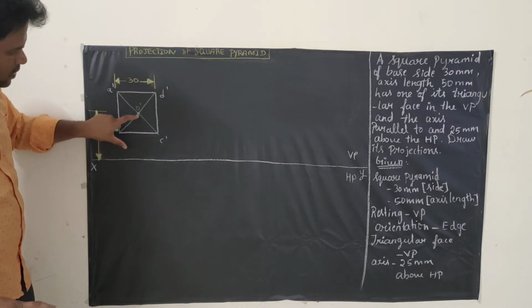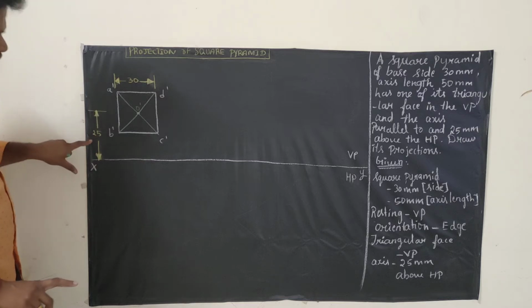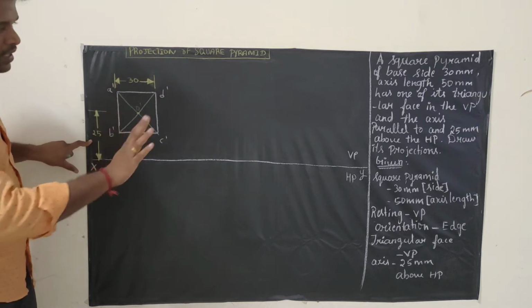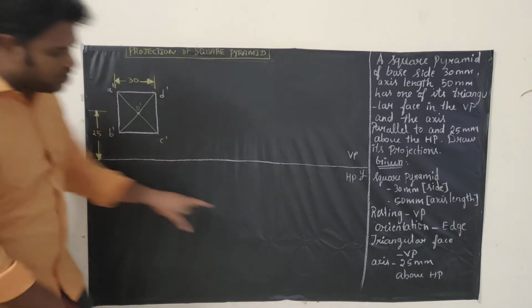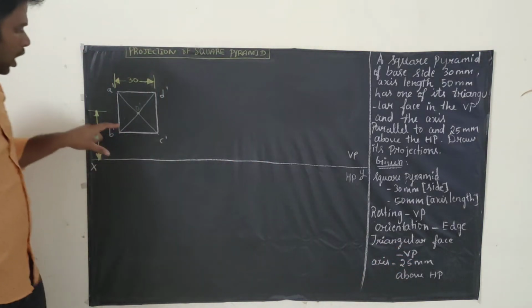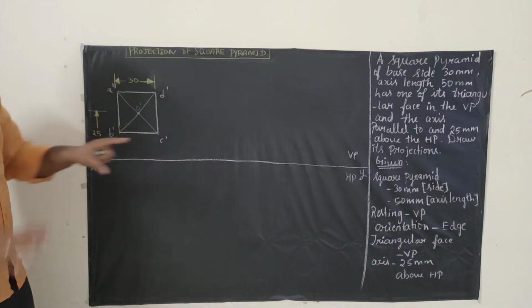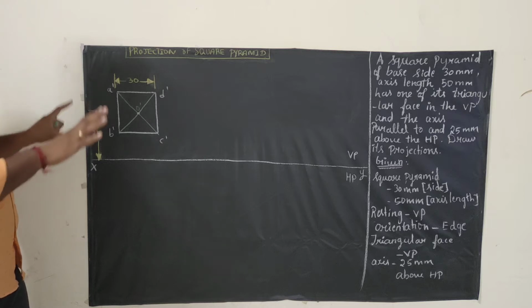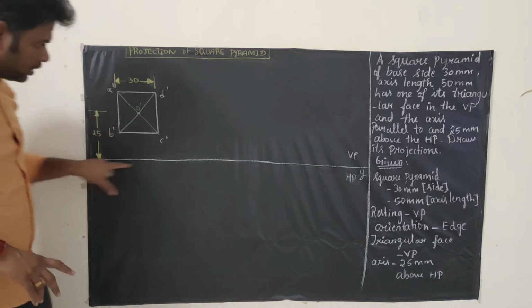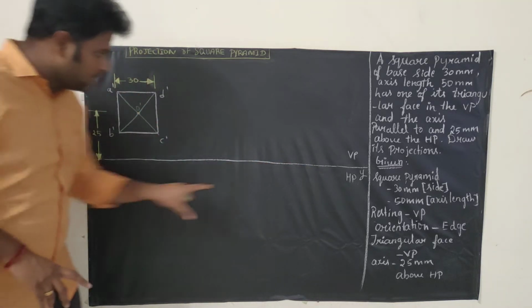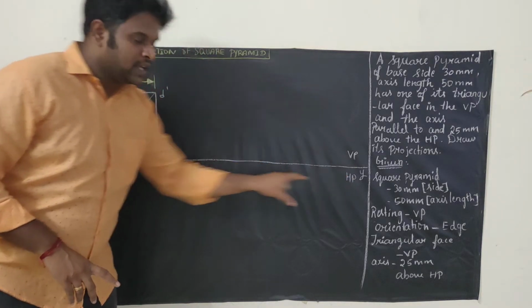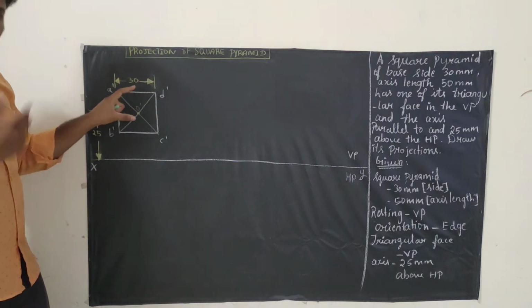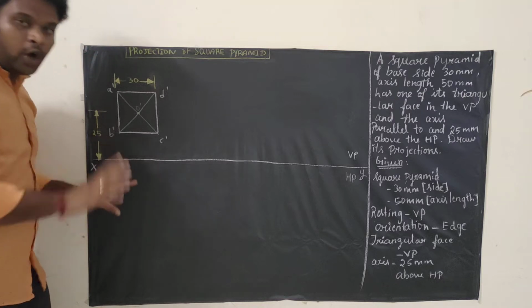The distance between this O dash and the reference line should be 25 mm. That's what they gave, that is, the axis is 25 mm above HP. After this only draw the reference line so that it will be very easy for you. Then draw the reference line and mark it as X, Y, VP, HP. So this is our front view. Now I will explain how to draw the top view.